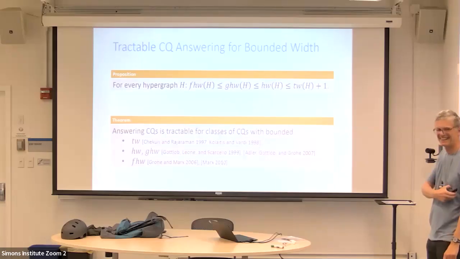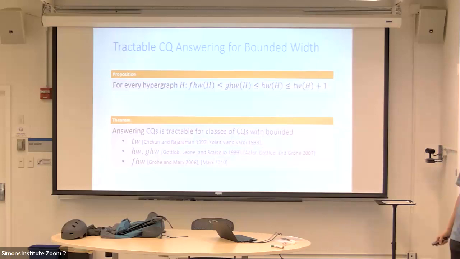Does it make sense to think of fractional hypertree decomposition versus fractional generalized hypertree decomposition? With fractional hypertree decompositions, there is no special condition. It's really a generalization of generalized hypertree decomposition.